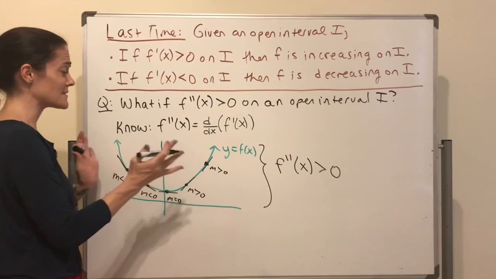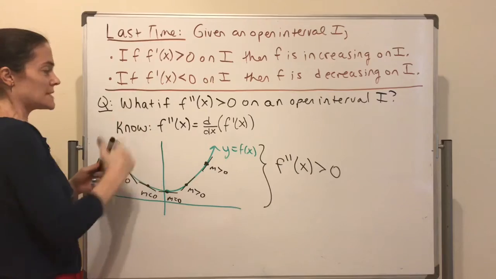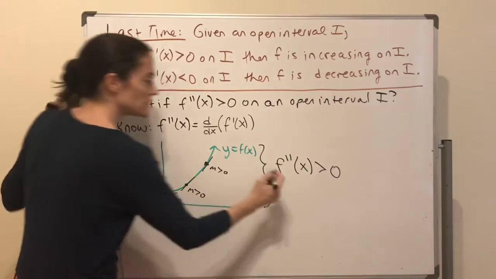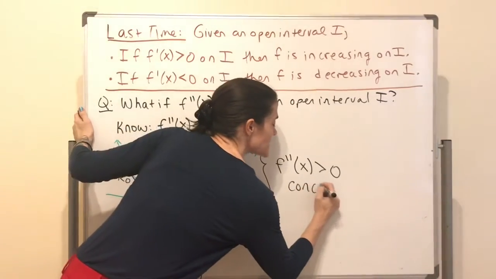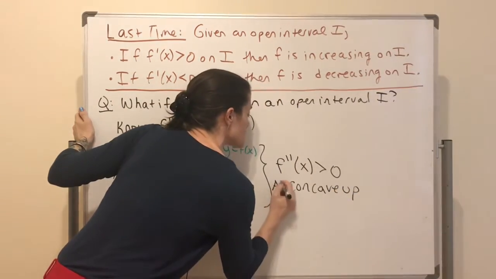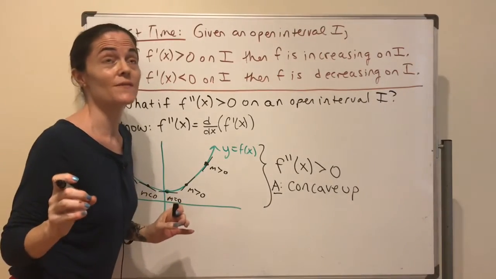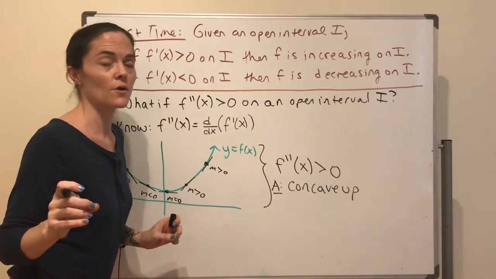Okay, well this shape has a name. It's called concave up. So this is the answer to the question: what if the second derivative is positive on an interval?